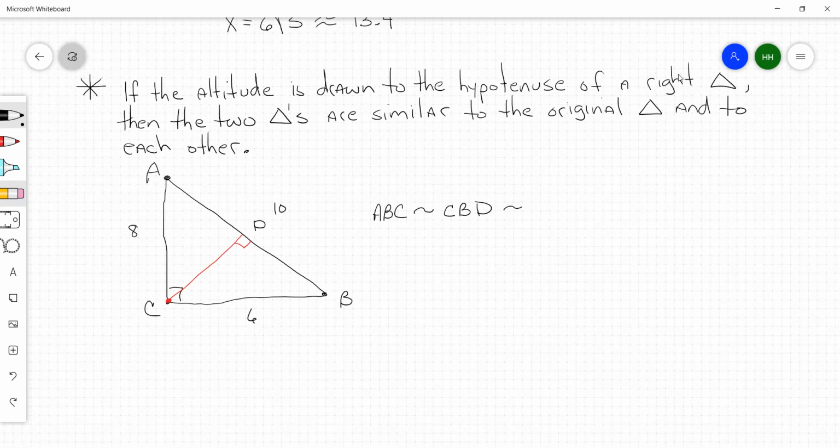Now we're going to go C to A, side CA, and then the third side of that triangle is AD, so we go to D. All right, that's the rule. You can use that rule to write similarity statements, and you can use that rule to find missing side lengths.